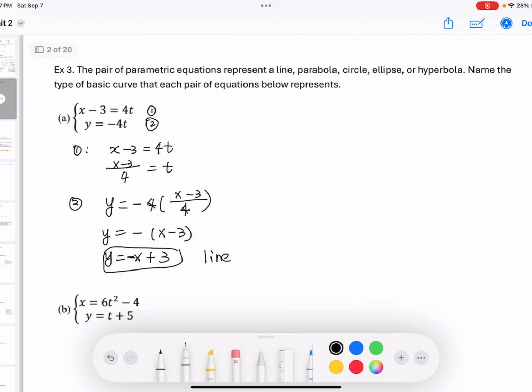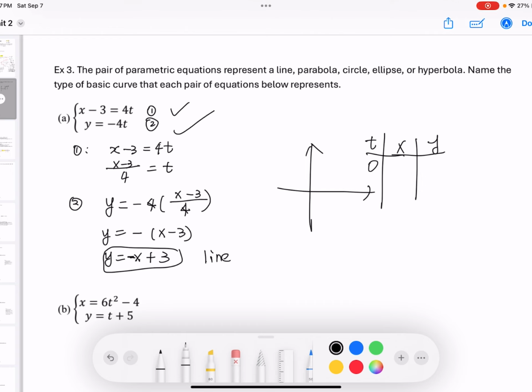You can graph it. For example, I can pick some points for x and y by putting t back. If t is equal to 0, x and y can be found from these two equations: x is equal to 3, y is equal to 0.